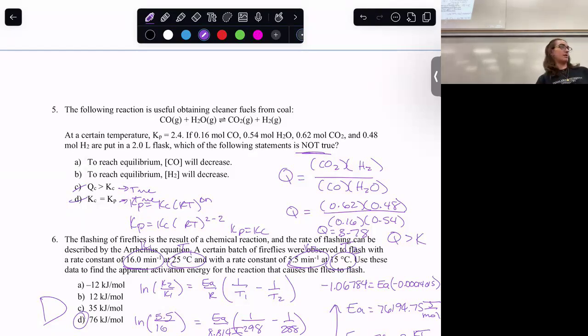If this were an ICE table, yes, you would have to change it. But because all of these are being divided by 2, it's not going to make a difference here. So this should actually be, that's a great point, 0.34, 0.24, 0.08, and 0.27. It still comes out to 3.78. But Q is still greater than K.